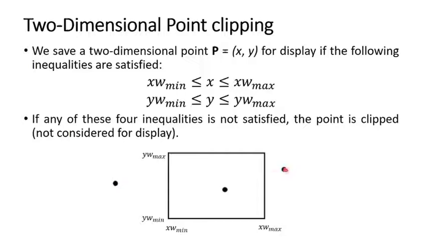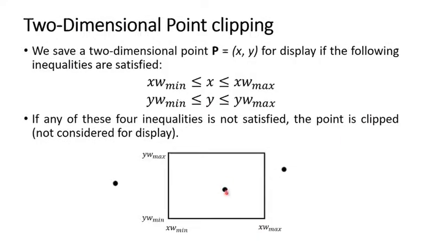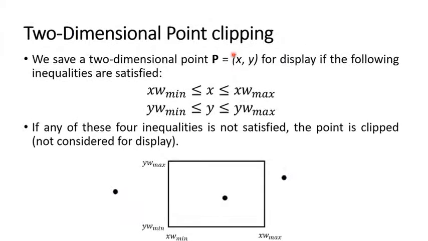Over here it is greater than x max. However, we expected x should be less than x max, but for this point x is greater than x max, so we reject this. The x and y coordinates of this point satisfy all these four conditions, so we won't clip it, meaning to say we consider this point to display it. So this way, two-dimensional point clipping is quite a straightforward approach.